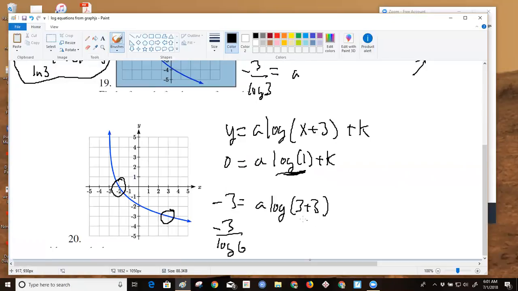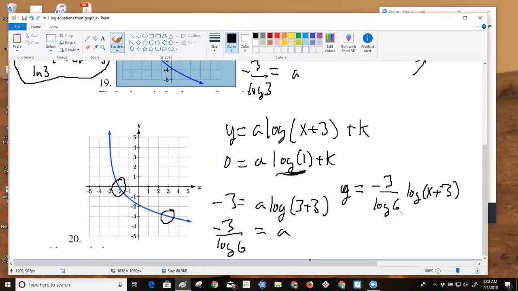Because 3 plus 3 is 6, and I divided by the log. So that would give me a solution of f of x equals negative 3 over log 6 times the log of x plus 3.